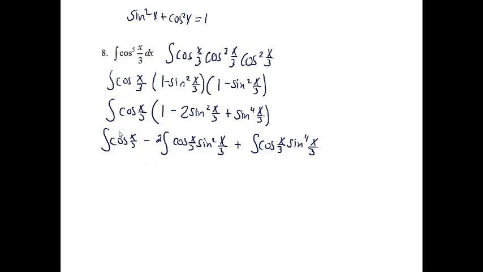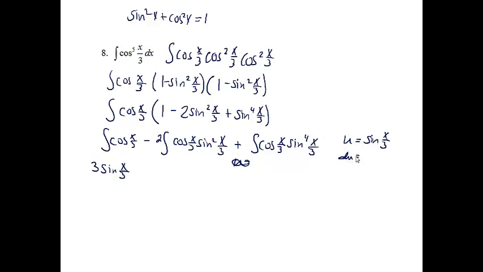Okay, for this first part, the integral of cosine is sine x over 3 times 3. So remember, it's the opposite if you were to take the derivative, very similar to the last problem that we did. Okay, for these ones, I'm going to do a u substitution. So u is equal to the sine of x over 3.